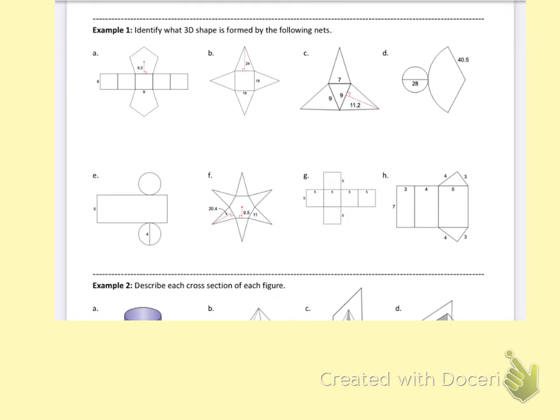So when we identify the 3D shapes that are formed by a net, the first thing we do is identify what the base or bases are. Well, this thing clearly has bases, two of them, so I can tell that it's going to be some sort of prism.